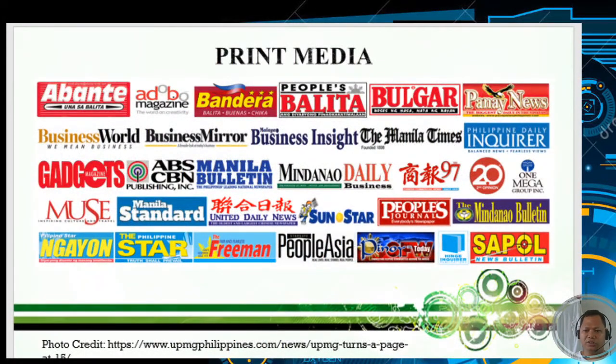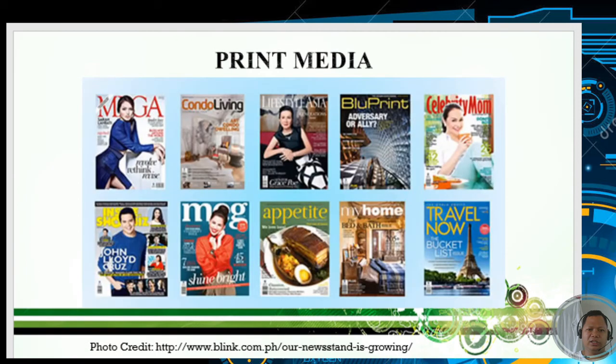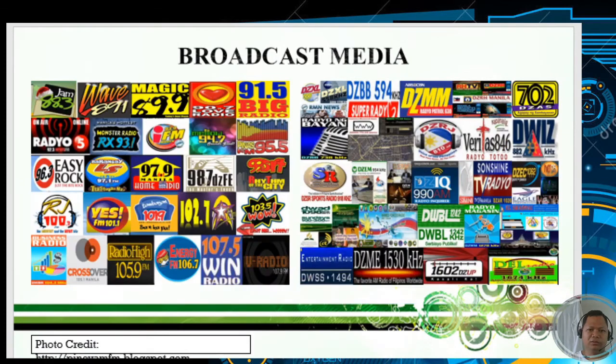Okay, these are some of the print media we have today in our society. These are the different newspapers. Then these are magazines, another type of print media. Okay, broadcast media, we have radios, AM and FM.